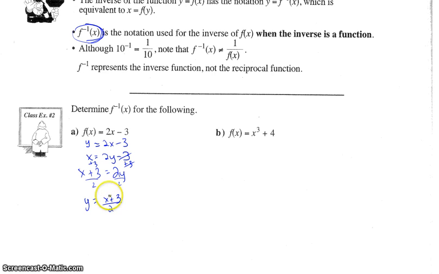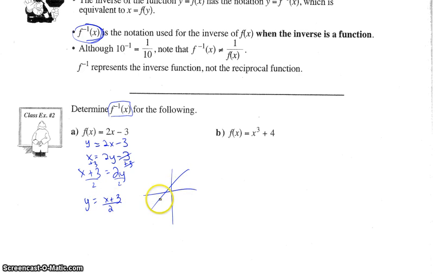Finally, the last step is we want to replace y with the inverse function notation, as long as this is a function. Do you guys recognize that function? It is a straight line. It would probably look something like this. To confirm that, you can put it in the calculator.